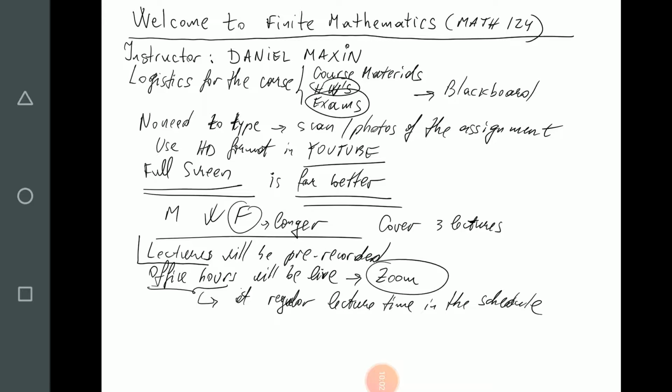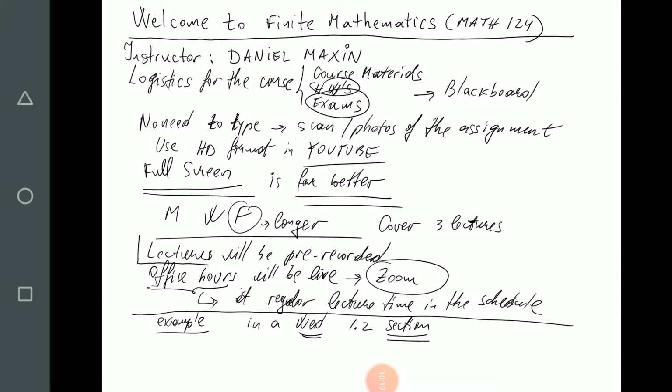So for example, let me give you an example here. Let's say you want to cover, or normally we would cover, let's say on a Wednesday, the 1.2 section. What I would like to do is basically take questions for the material that you learn on 1.2.